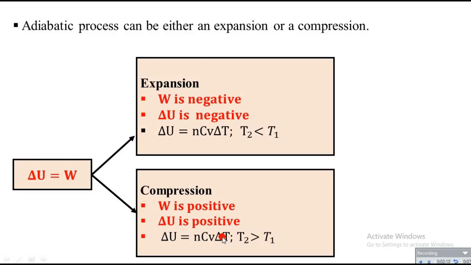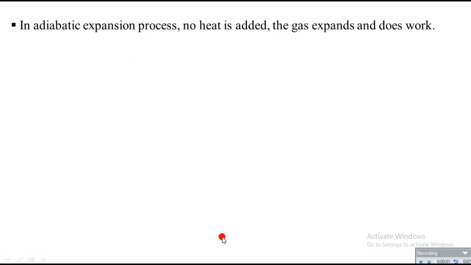Now, an adiabatic process can also be reversible or irreversible. And remember, in an adiabatic process, no heat is added. During adiabatic expansion, the gas expands and does the work.